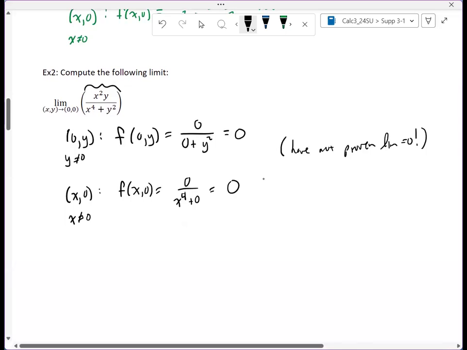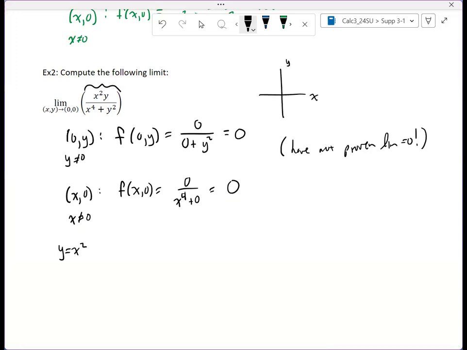So let's take a look along a different path. In this case, we're going to look along the path y equals x squared. So again, we have our domain, x and y. We checked as we approach along the axes, and in both cases, we got agreement that from each of those perspectives, the limit seems like it's 0.